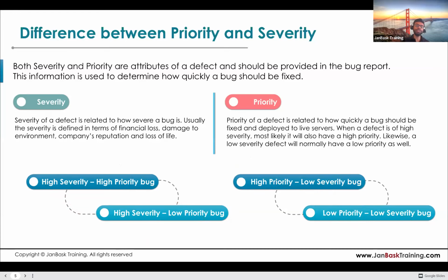What is severity, what is high severity, what is low severity, what is high priority, what is low priority, and then the different combinations, and what could be the practical example of each combination. If you have your concept clear, you can answer it and you can make the interviewer understand the concept, and that is what is required.